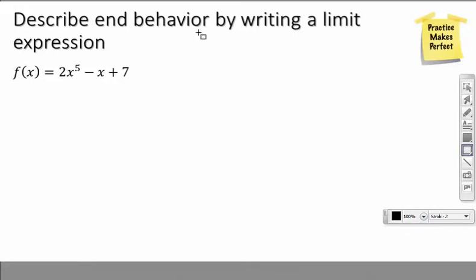All right, here we're going to describe the end behavior by writing a limit expression. And in your lesson, well, hold on. First, I'm going to look at this, and I'm going to determine what the end behavior is.